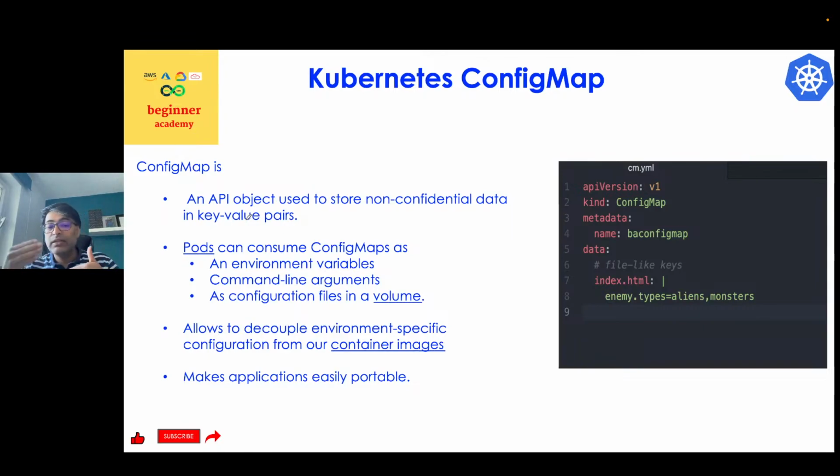What we could do is decouple the environment specific configuration. Obviously in dev, test and higher environments like production, the database URL will be different, and even the spec of our pod, and the URLs of the application which has to be deployed will change. So in order to decouple our environment specific configuration from our Kubernetes cluster, we keep such type of configuration in a config map.